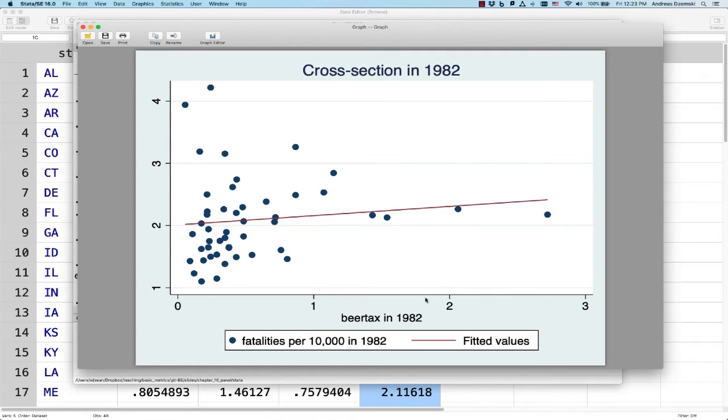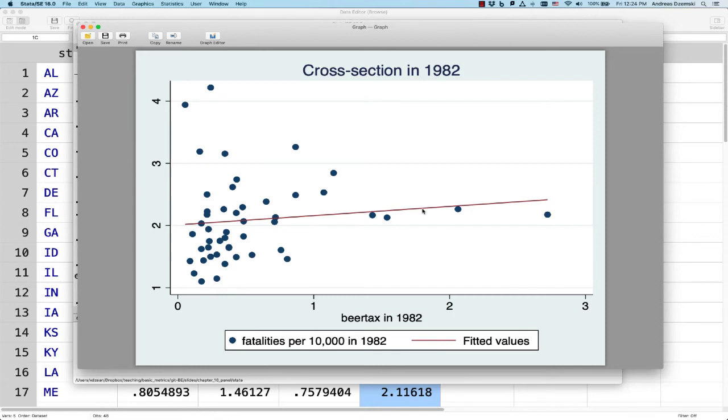It is perfectly possible that this beer tax does not have a causal impact on the fatalities, and that instead the beer tax is positively correlated with state fixed effects, and that this is what is driving this upward sloping line. Or in other words, it's perfectly possible that the beer tax has no causal effect, but still we are estimating a positive effect, and that is because of OV bias, because we are omitting the state fixed effect.